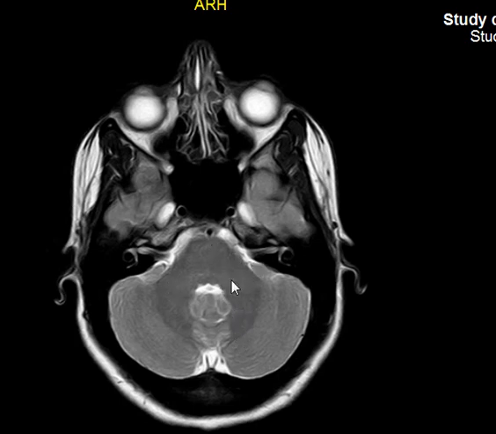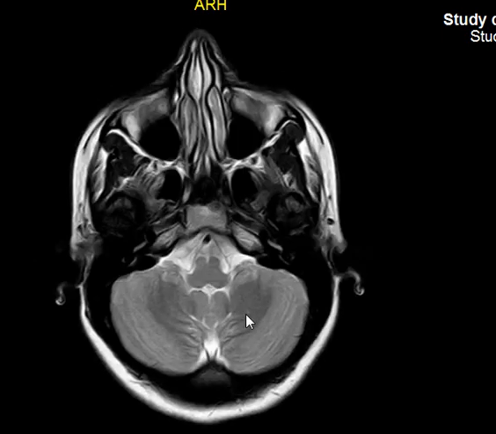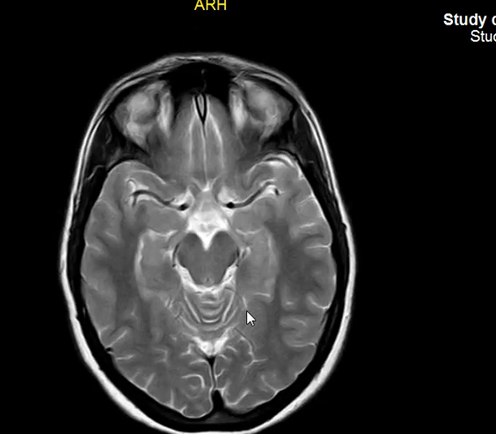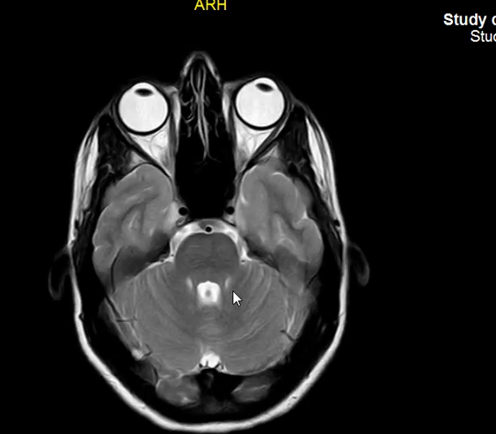If you go a little bit superiorly, you can see here the superior cerebellar peduncles, this tiny thing here. I think the cuts are a little bit thick.